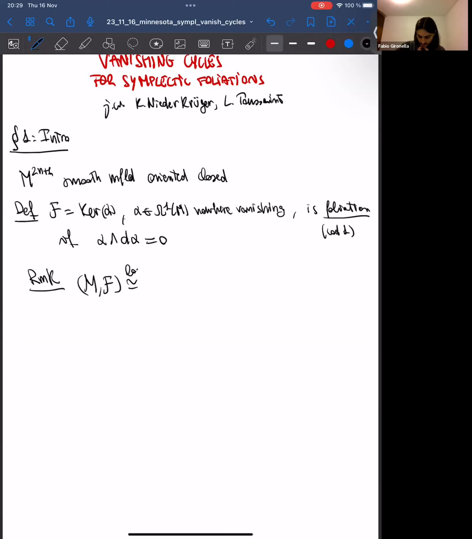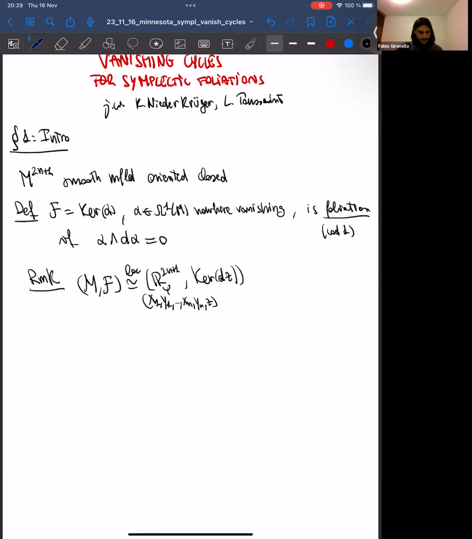Locally, we have a normal form, which is as follows. This is R^{2n+1} with the kernel of the one-form dz, where I'm using coordinates x1, y1, ..., xn, yn, and z.